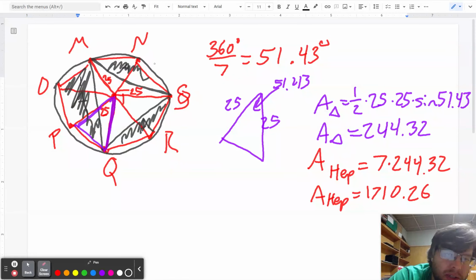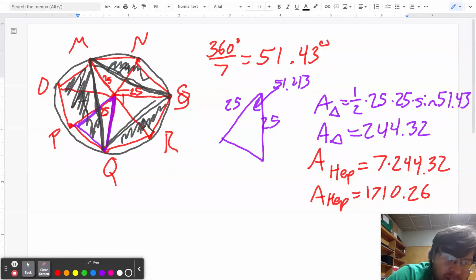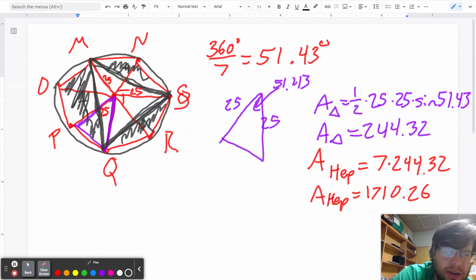So I'm going to use a different color to show you what I want to subtract. I want to subtract this entire black triangle right here. But the tricky thing is I don't really know the side lengths. I don't really know that side length. I could figure it out, but I don't know it.